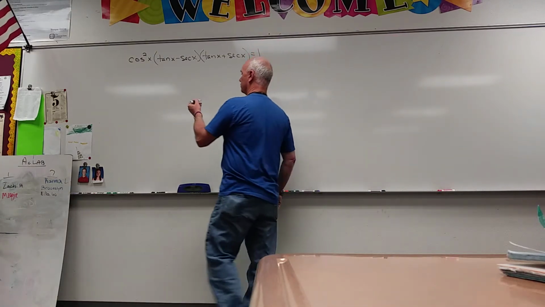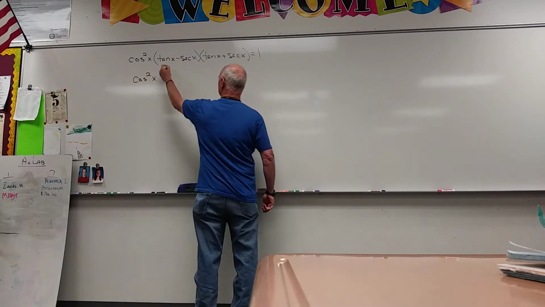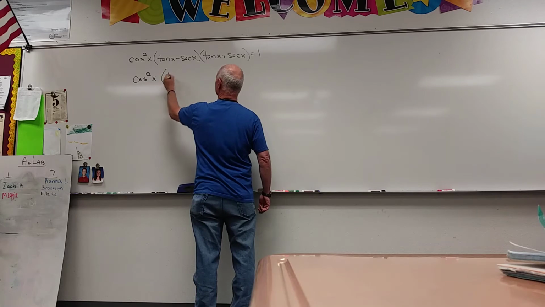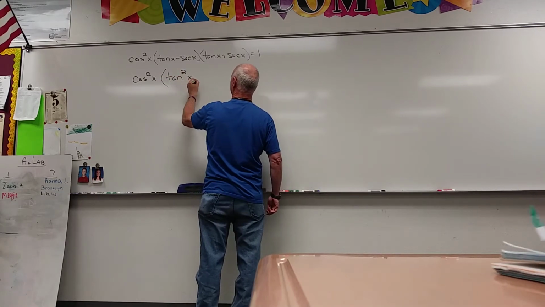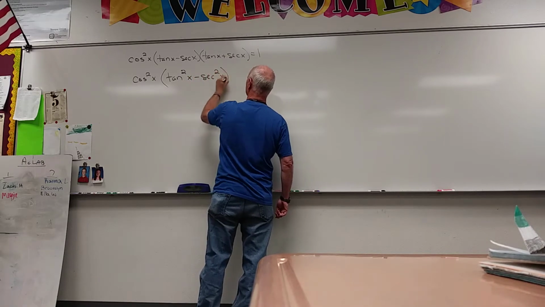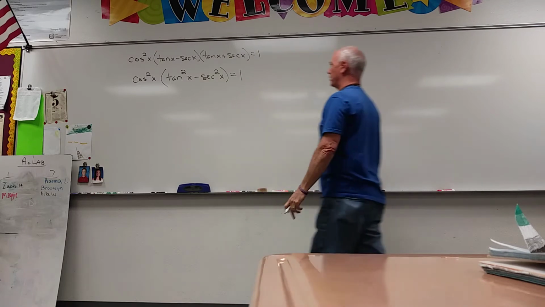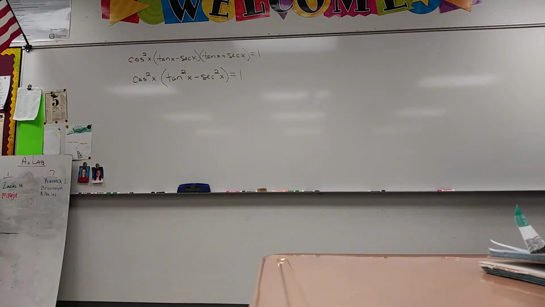All right, so cosine squared of x times tangent squared of x minus secant squared of x equals 1. Fair? What rings a bell? Tangent squared minus secant squared.